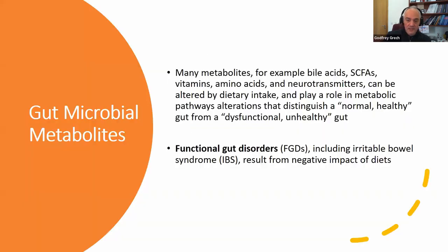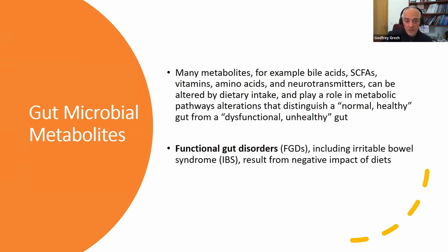So let's start with that. There are various metabolites that you saw in that pie chart. So there are the bile acids, there are the SCFAs, these are the short chain fatty acids. There are vitamins, there are specific amino acids that are metabolized and you require specific bacteria. There are neurotransmitters, as I mentioned before.